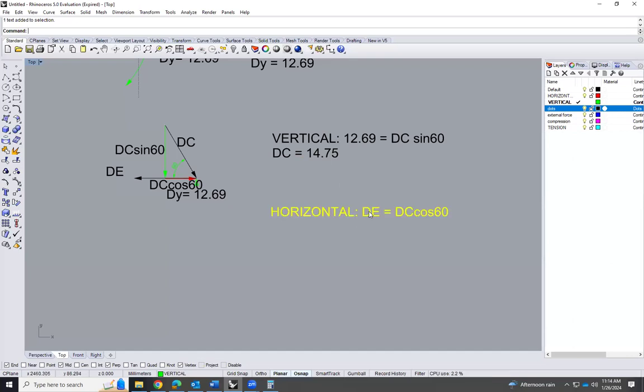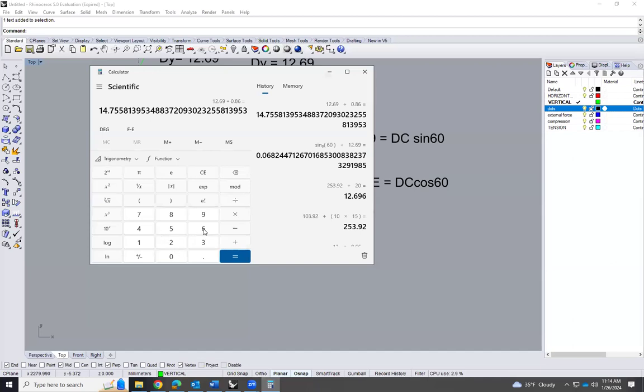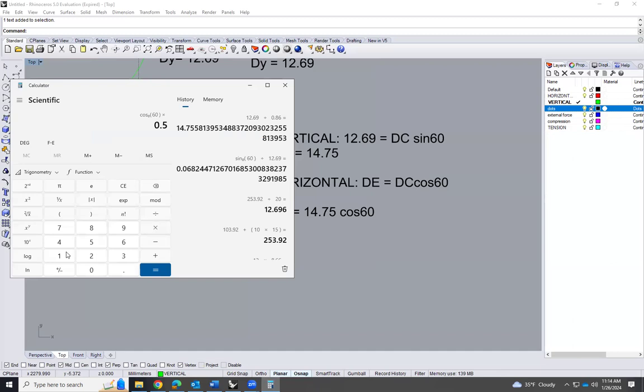Now, how much is DE? DE is 14.75 cosine 60. Cosine 60, I think it's going to be half. Cosine of 60 is 0.5 times 14.75.